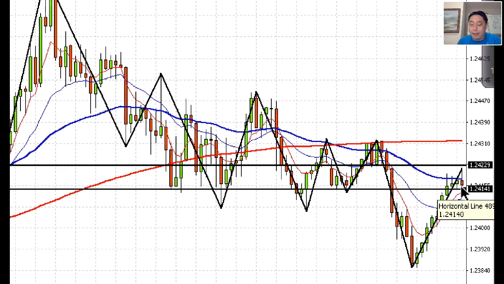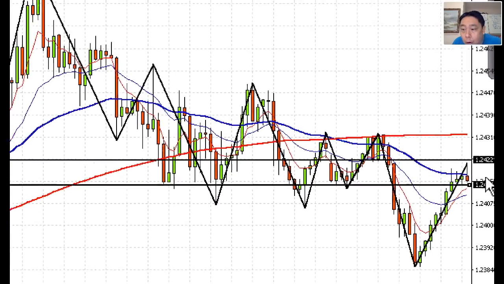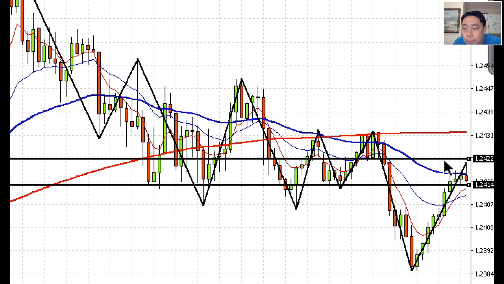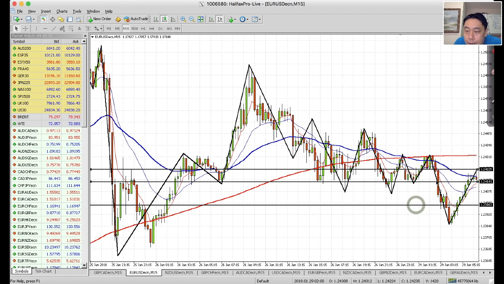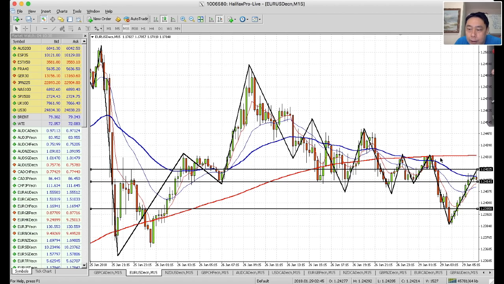Not too good at mathematics. 2414. And I could put my stop loss at 2422. There we go, right? So I'm taking an 8 pip stop loss, right? So I'm going to put my profit target somewhere here, which is about 2 times my risk, thereabouts, roughly, right? So that's 1 to 2. Let's see if it hits my profit target, right?